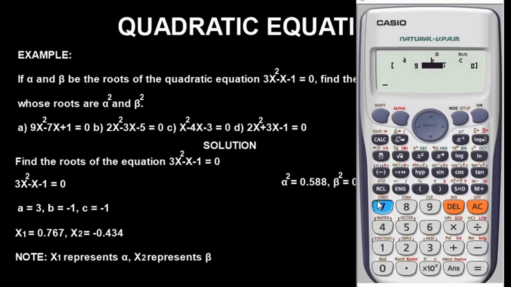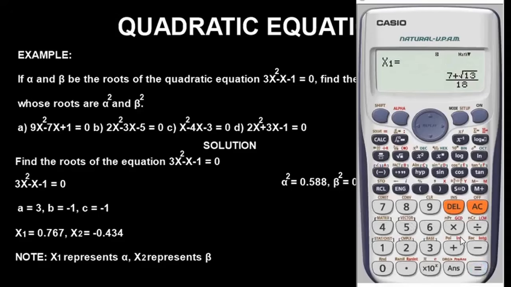Very, very simple. And lastly, the constant there is plus 1. Press equal to. Let's press equal to now to get our S1 and S2 respectively, to see if they will give us these values.